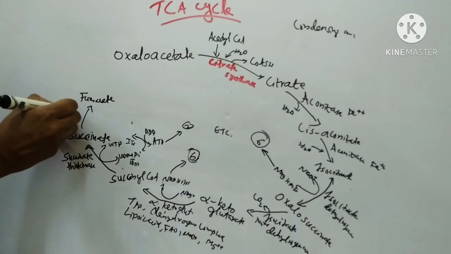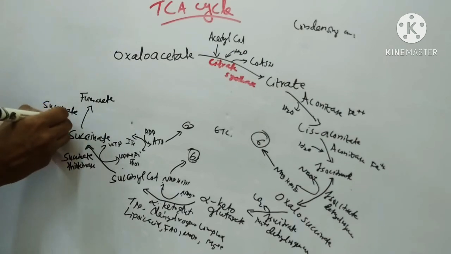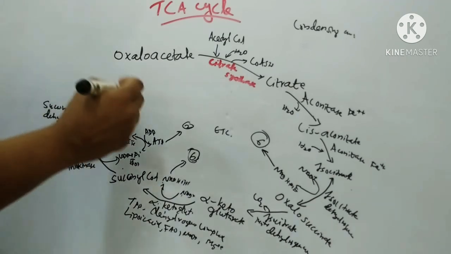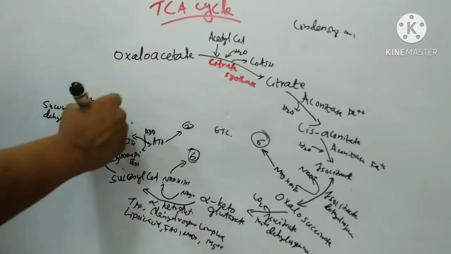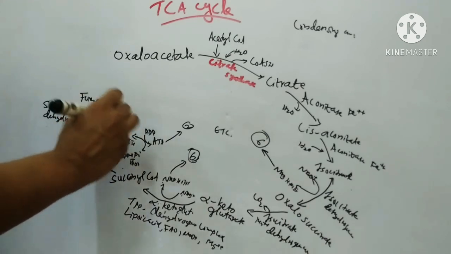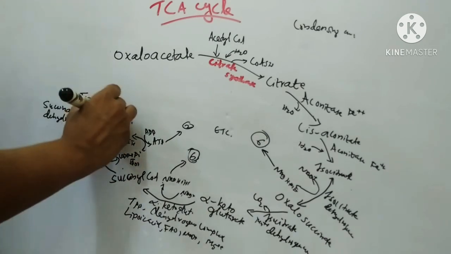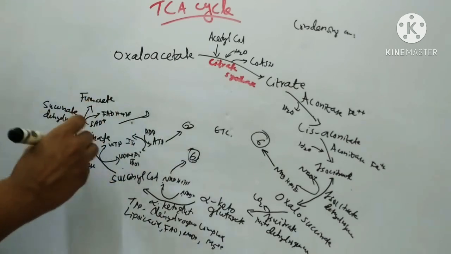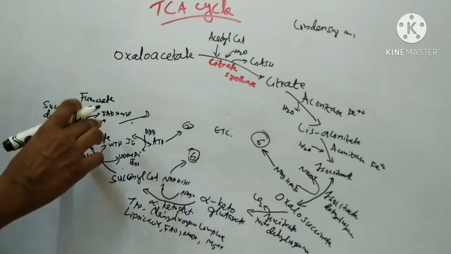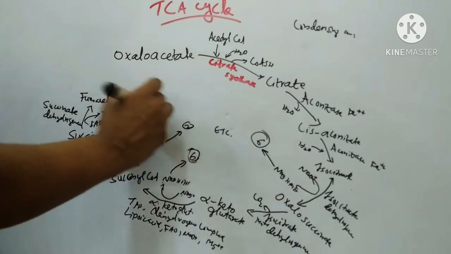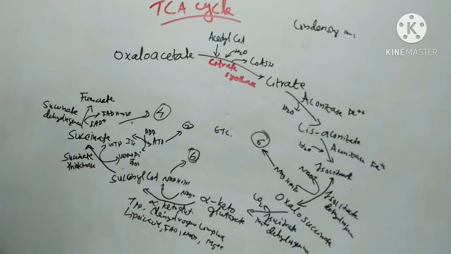Here the hydrogen acceptor is FAD, not NAD plus, giving FADH2. From 1 FADH2 it is 2 ATP, and from 2 it is 4 ATP molecules.